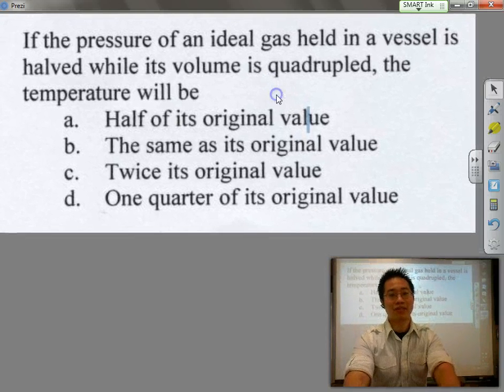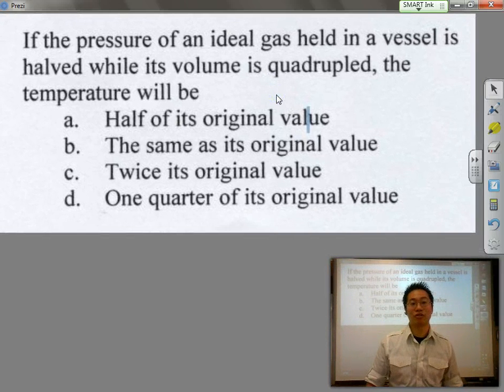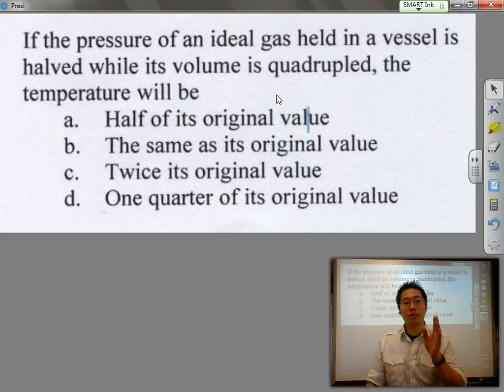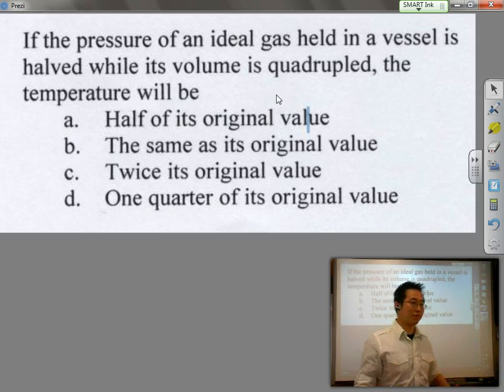Now, if the pressure of an ideal gas held in a vessel is halved while the volume is quadrupled, what happens to its temperature? This is a multiplier question, but it's done a little bit differently, mainly because we don't want to know what the final multiplier is. Rather, we want to cancel out whatever multiplier is happening. Now, what does that mean?